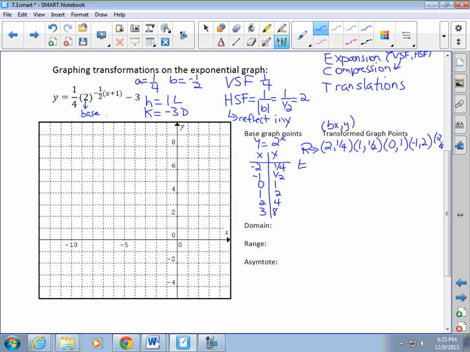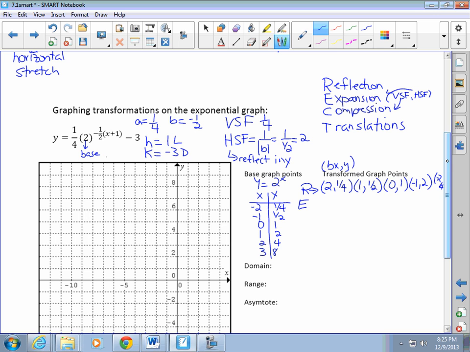So my expansions then are actually going through and using the B and the A value. So this is then actually doing the bx and the ay. So my B value was 1/2, but when I look at the horizontal stretch factor, it was a 2.